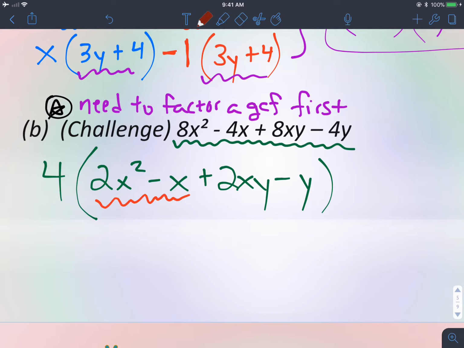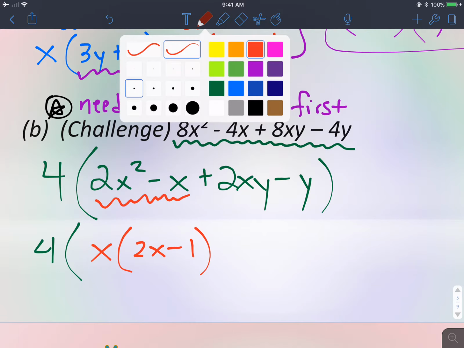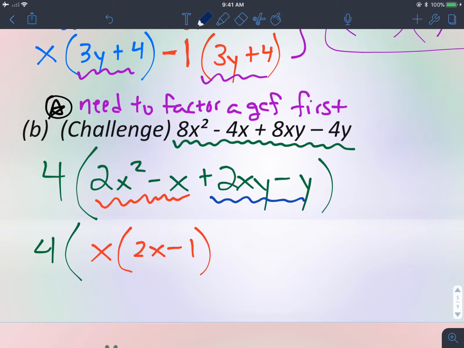Okay, take a look at this. We'll try and color code it. All right, so this has an x in common. On the right side, it has a y in common. All right, oh, see, the whole thing's happening with the 4 in the front.